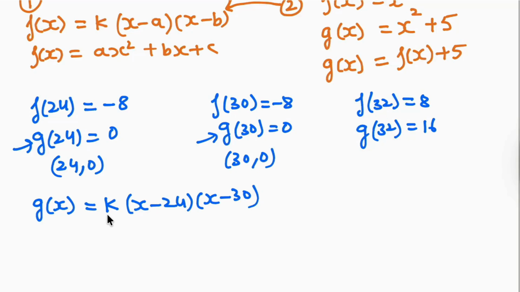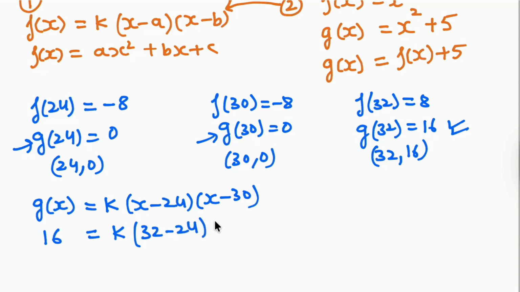Now I don't have the value of k. So I will use this one to find the value of k. That means, what are the coordinates? When x is 32, y is 16. So let's put g(x) is 16, k times (32 minus 24) and (32 minus 30) is equal to k.